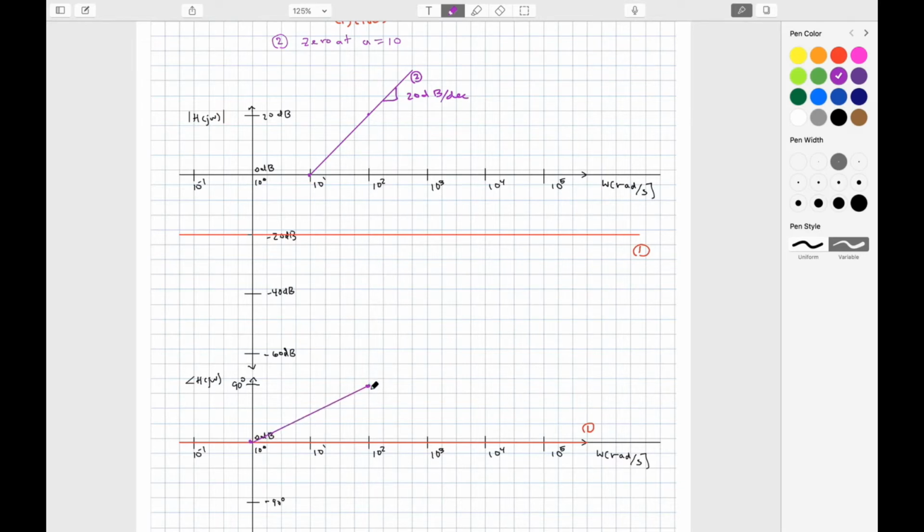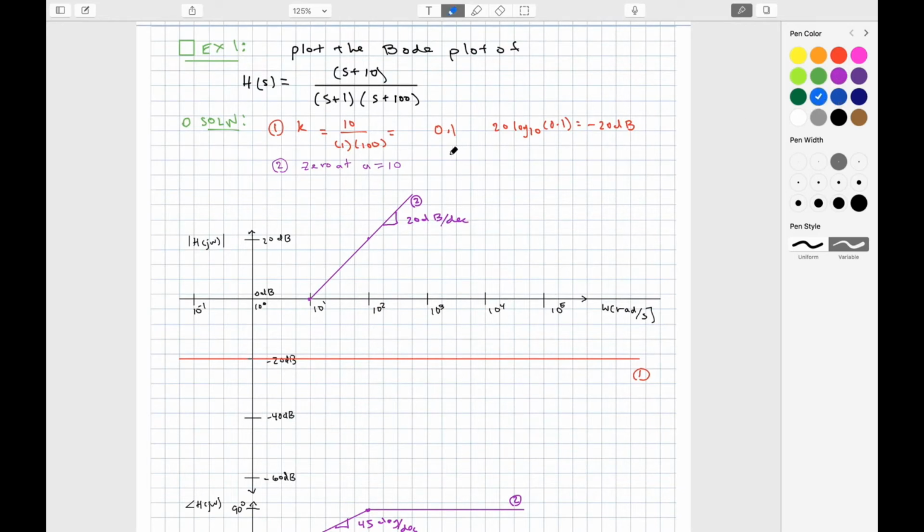So the way I would draw this is like this. We've got then some straight lines. What happens is that this is 45 degrees per decade, and this contribution comes from 2.